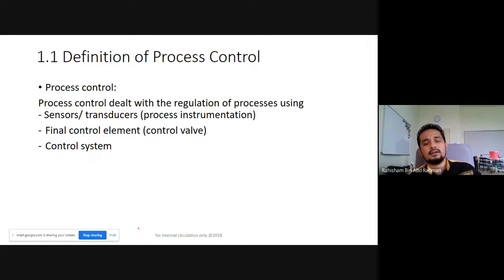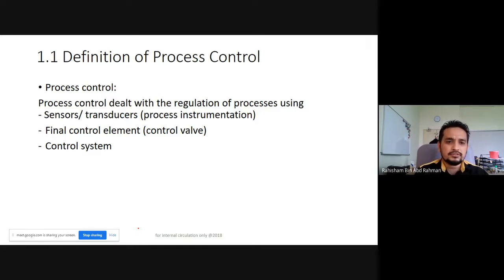But from my experience in Petronas for about one year, for industrial attachment, I can really appreciate this kind of process control. Don't worry, we're not going into details about instrumentation like PLC design. This is just to give you an overview of what to expect in the oil and gas industries.